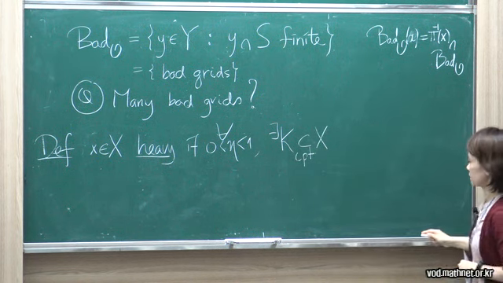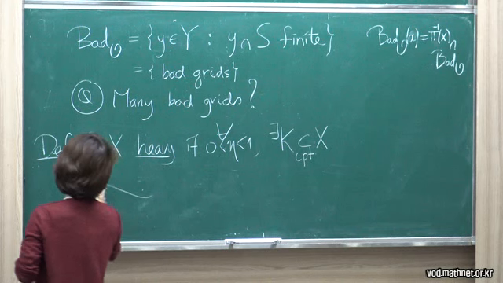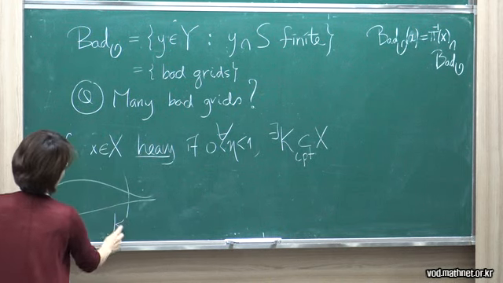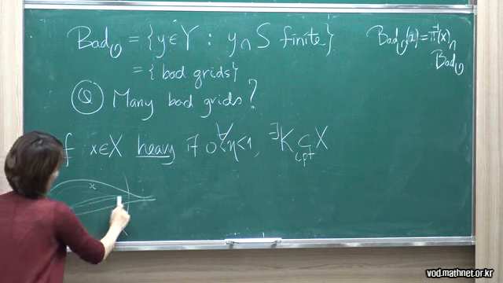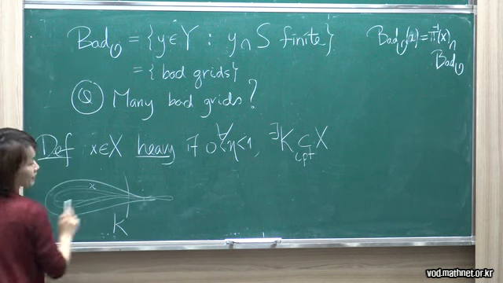Let me draw it again. You have some K such that, you start with X and look at the geodesic. Maybe it goes far in the cusp and it comes back, and so on.